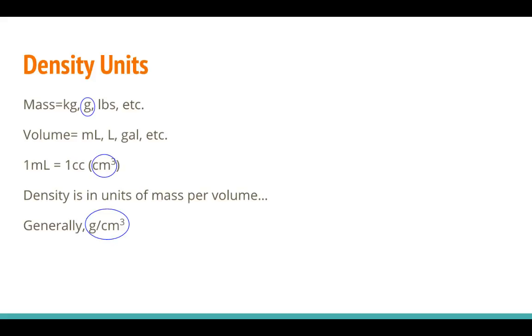So milliliter usually implies that it's a liquid, but sometimes we have a solid that we want to find the volume of. So we talk about centimeter cubed because if it's a rectangular solid, we find the centimeters of each, the length, the width, and the thickness, and then we multiply it all together and you get centimeter cubed. Anyway, long story short, the unit that we're going to use most commonly is the gram per centimeter cubed.